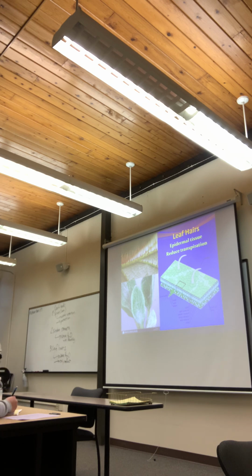Those are not the only three answers, but just like in the homework question about saving water, it's a lot of the same material. Yeah. So with the spines, would that be basically the same as the needles on an angiosperm, as far as reduced surface area as a strategy?